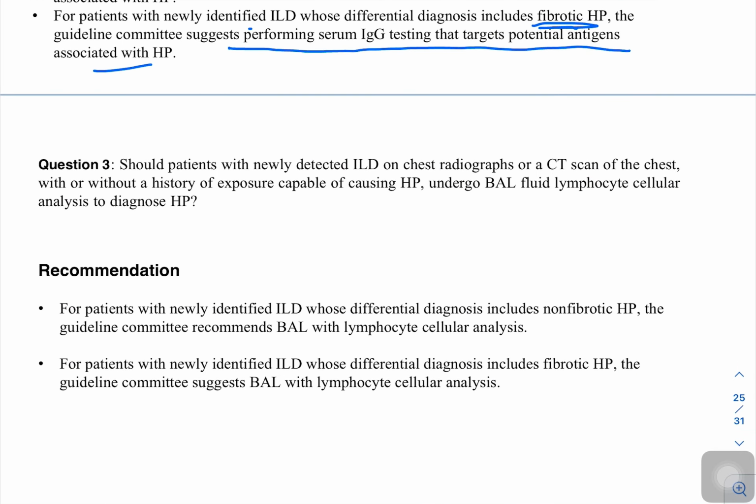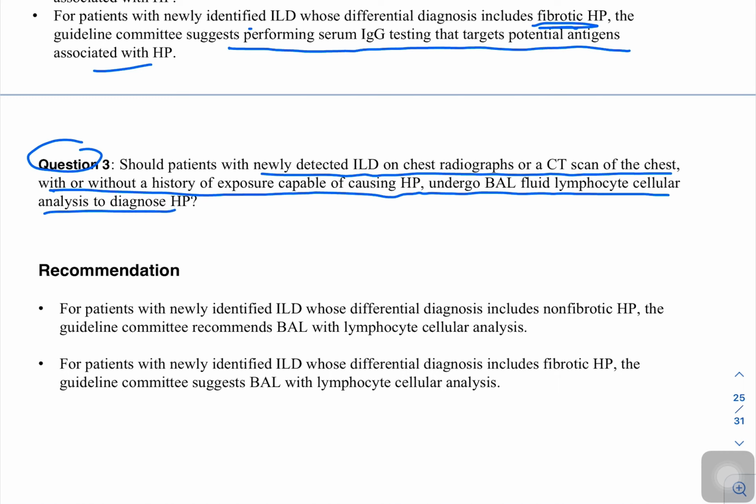Question 3. Should a patient with newly detected ILD on chest radiograph or a CT scan of chest, with or without history of exposure capable of causing HP, undergo BAL fluid lymphocyte cellular analysis to diagnose HP? Should we go for BAL? For a patient with newly identified ILD whose differential diagnoses include non-fibrotic HP, the committee recommends BAL with lymphocyte cellular analysis.